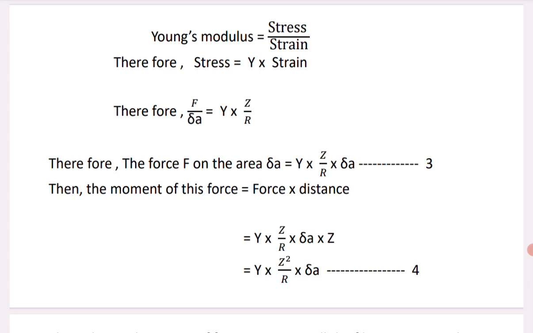From equation 3, the force is Y into Z by R into delta A, multiplied by Z, where Y into Z by R into delta A gives the force on the area delta A, and distance Z is the distance between the selected surface and the neutral surface. After simplification, we get moment of force equal to Y into Z square by R into delta A. Let this be equation number 4.